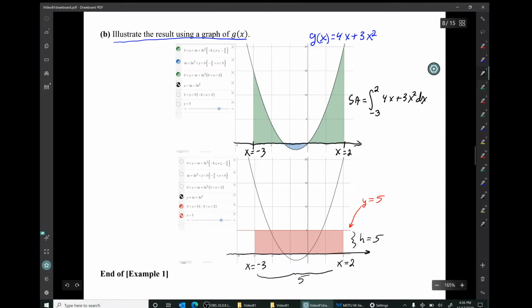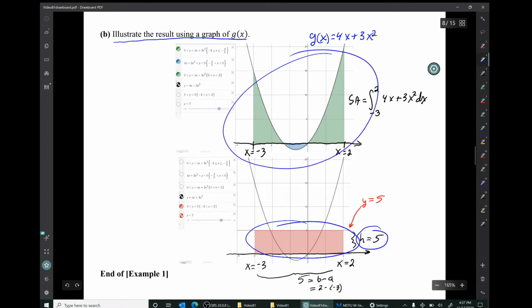And that 5 units tall is the h that we found. The 5 units of width is the b minus a. So what we found in this problem was this value of h that would make this rectangle down here the correct height to have the same signed area as this graph up there.